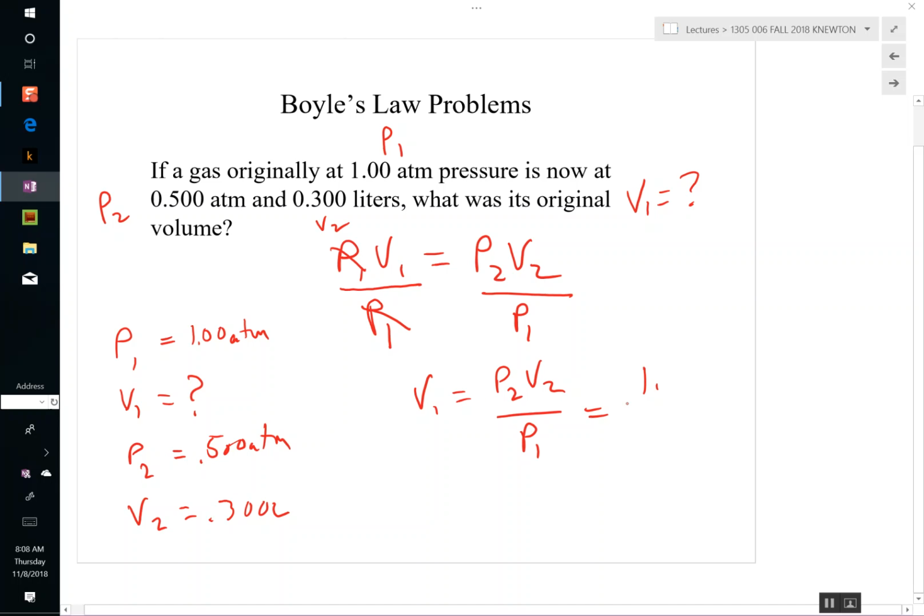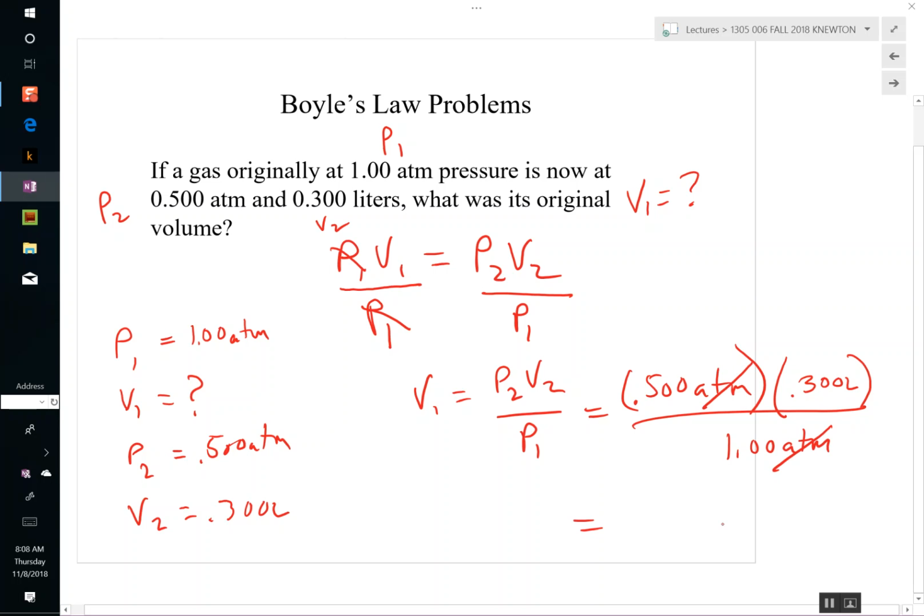So P2 is 0.50. You see that? I was almost going to put the wrong pressure, and that's easy to do because it is a pressure. But you need the P2 in the numerator and the V2 in the numerator and the P1 in the denominator.